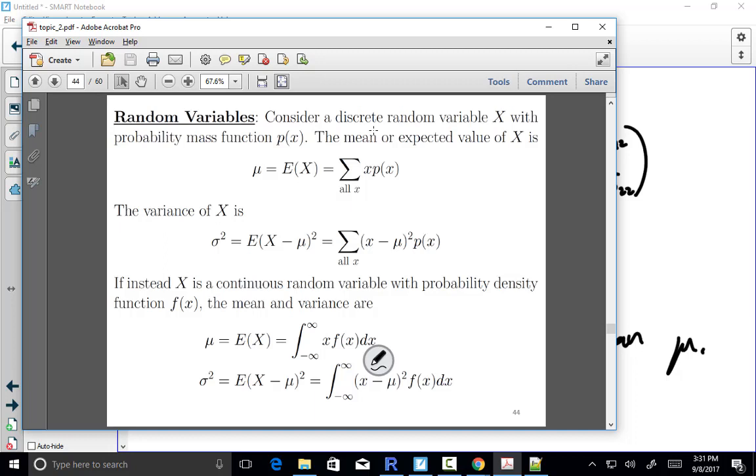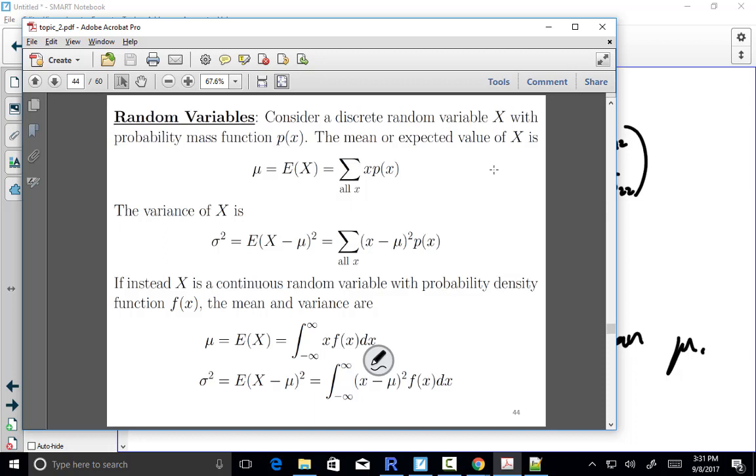For a discrete random variable, there's a probability function. It's called the probability mass function. If it was a continuous random variable, there's still a probability function, but it has a slightly different name. It's easiest to introduce the basics of expectation and variance with a discrete random variable.